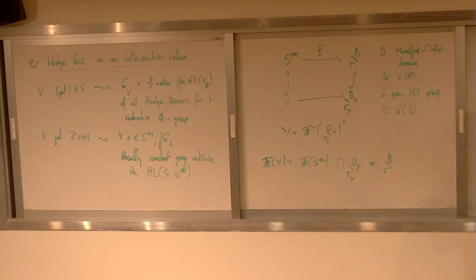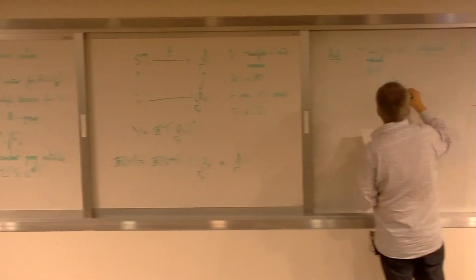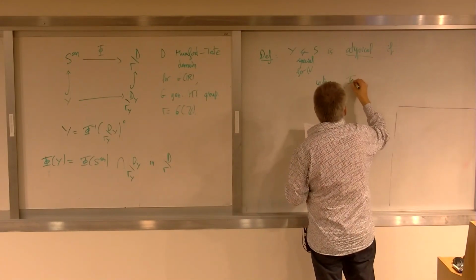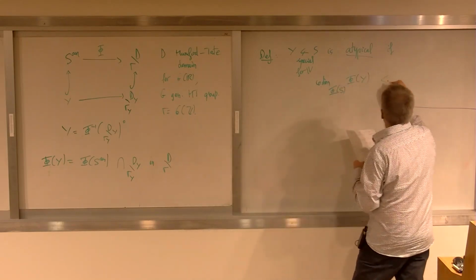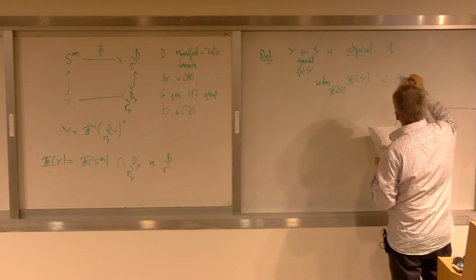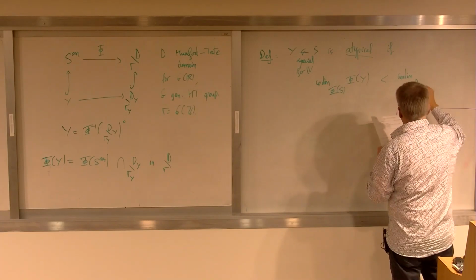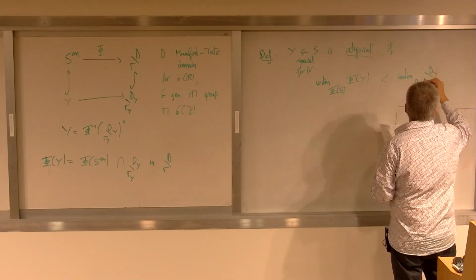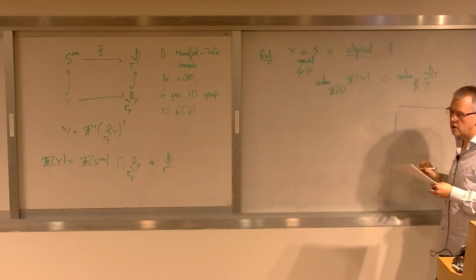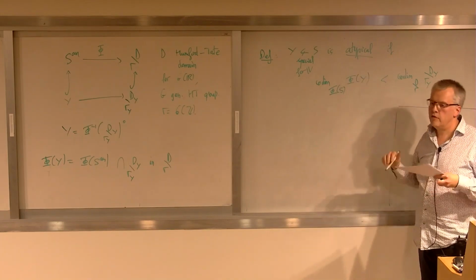well, if it is not of the expected dimension, namely if the codimension in Phi of S of Phi of Y is smaller than the codimension in D mod Gamma of the image of Y. Right? This is the condition that Phi of Y is of larger dimension than expected.